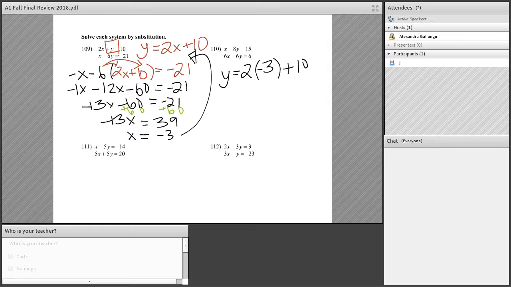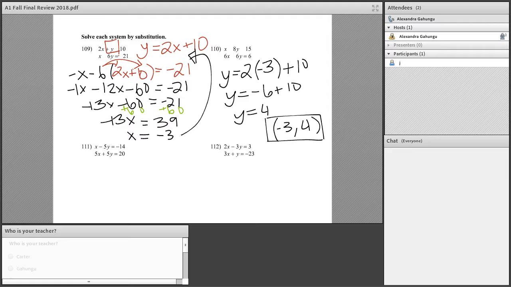Plus 10. So it's negative 6 plus 10. And y is equal to positive 4. So the solution is a point. It's like these are two lines, and where are they going to meet? They're going to meet at negative 3, comma positive 4. So your solution is a point.